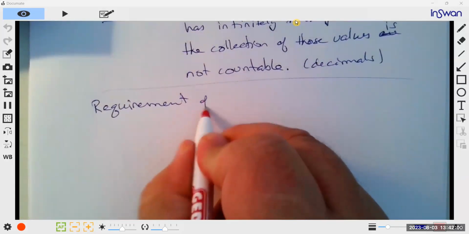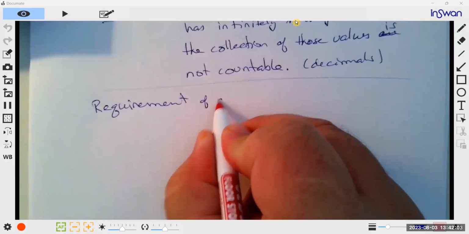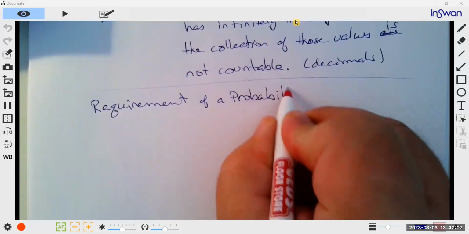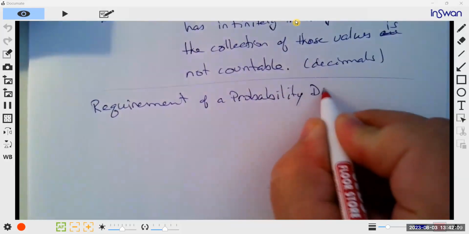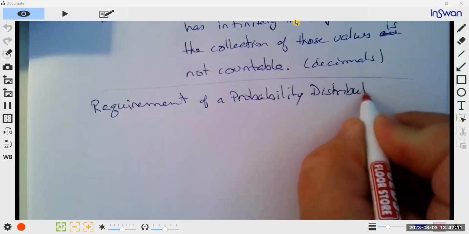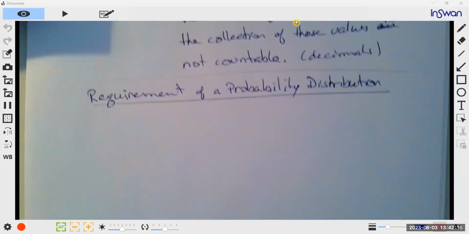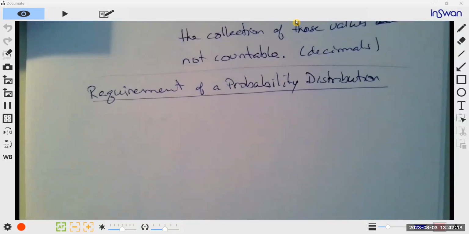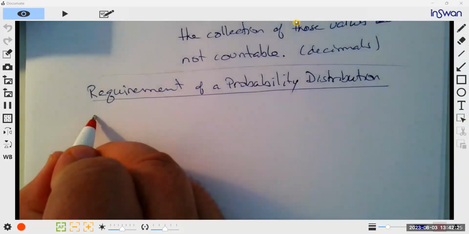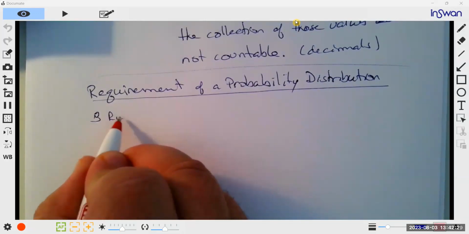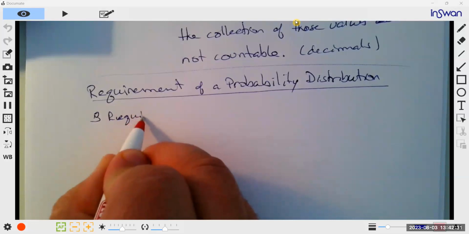The requirements of a probability distribution. All right, so in order to be one, it has to follow these 3 basic rules. Three requirements.